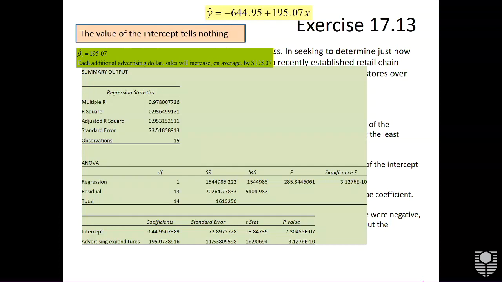So x is the expenditure and y is the sales. Any additional advertising dollar, that means any increase in expenditure, will lead to an increase in sales by the value of beta 1, the slope, right?